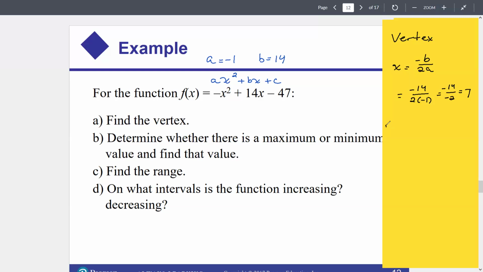Now we need to figure out what y is. Well, y is going to be at f of 7. So we're going to have negative 7 squared plus 14 times 7 minus 47. So negative 49 plus, just make sure I have my numbers correct here when I do this.